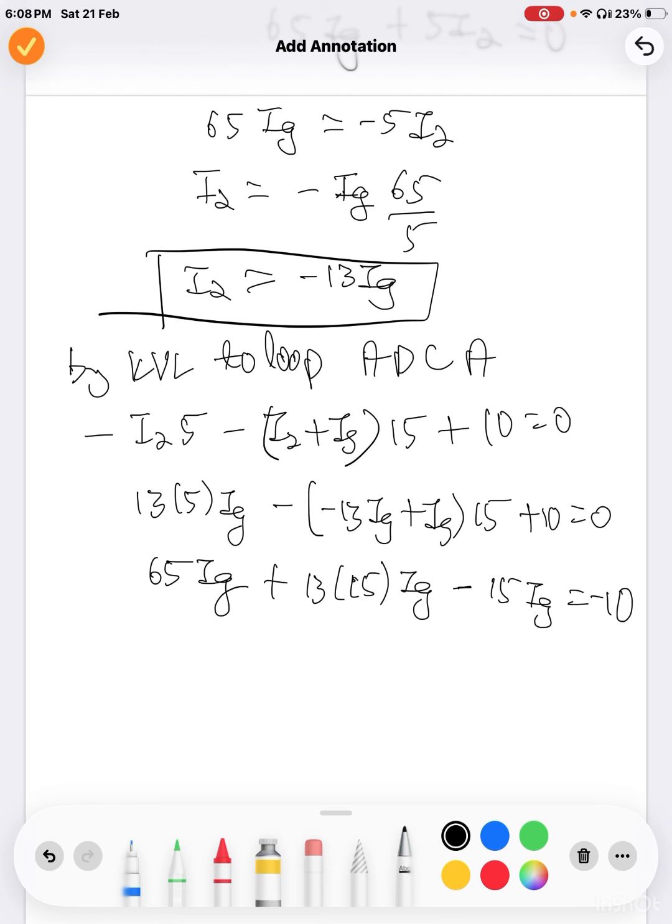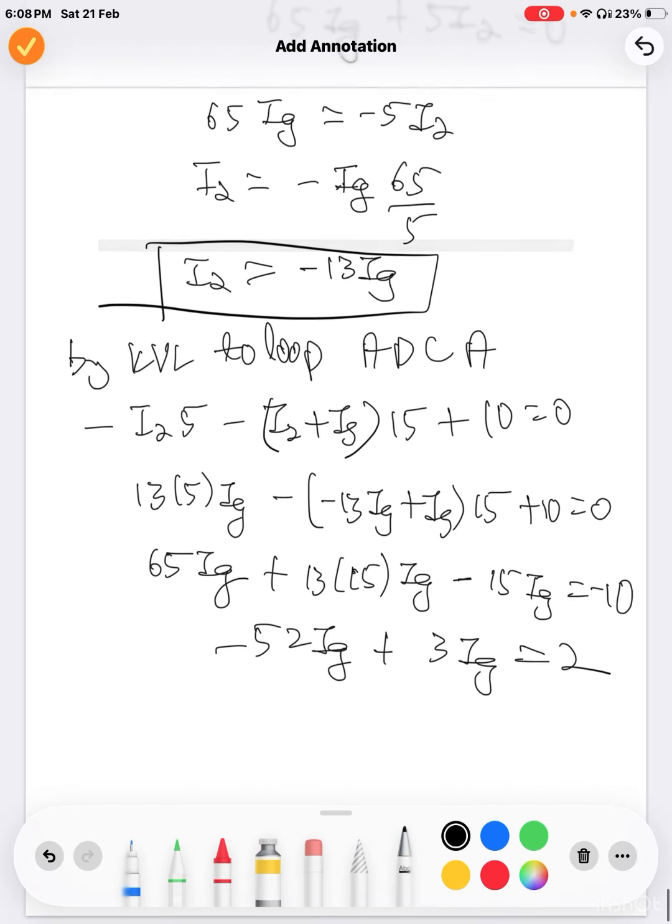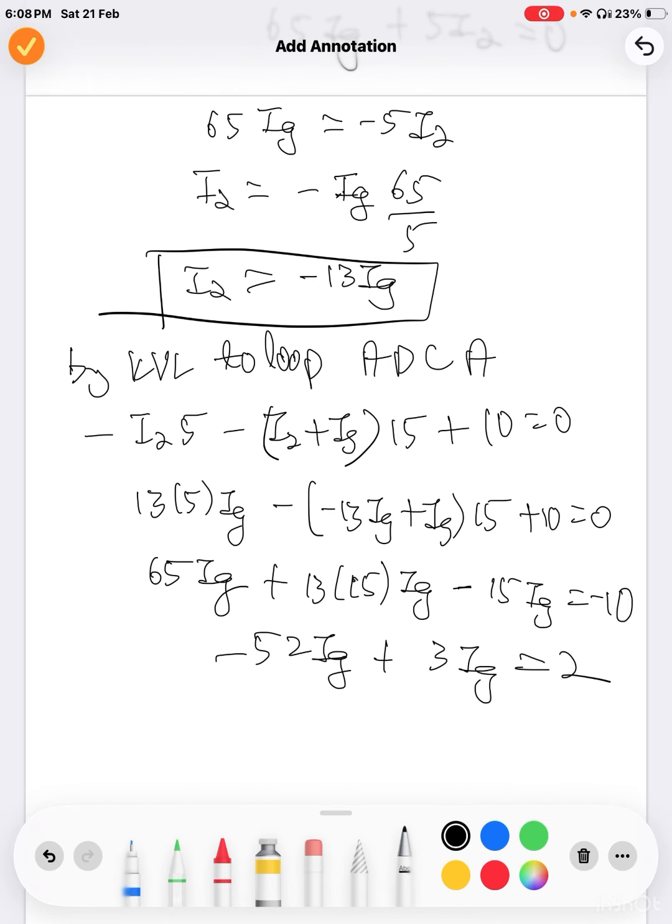If you simplify this, you will get 52 Ig, minus 52 Ig plus 3 Ig equal to 2. So 3 and this has become 49.